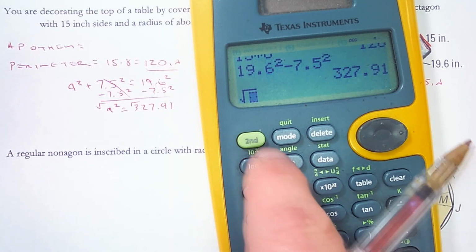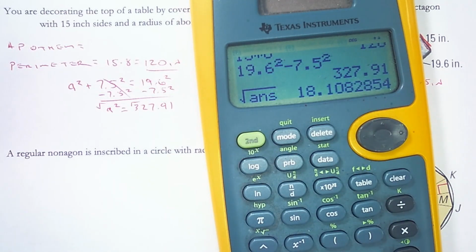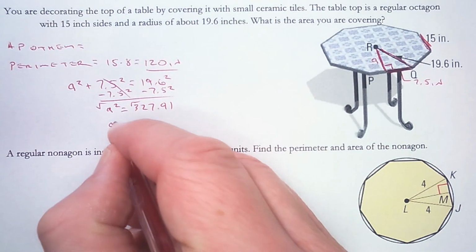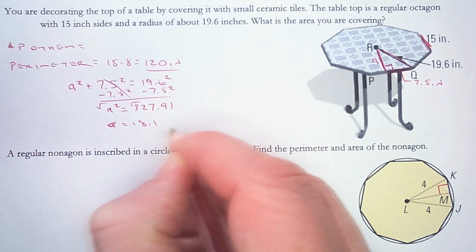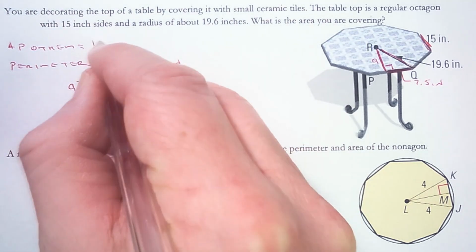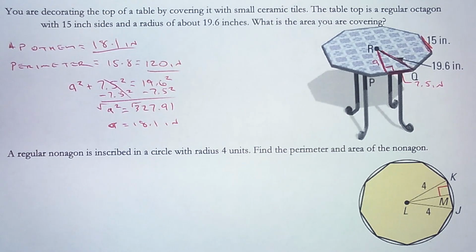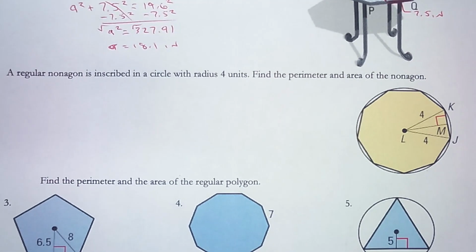So the square root of that previous answer is 18.1. So the apothem is 18.1 inches. And I'll underline that. That will also be some important information. Now for today, that's all we're going to do: apothem and perimeter. So we'll come down here to our next one.